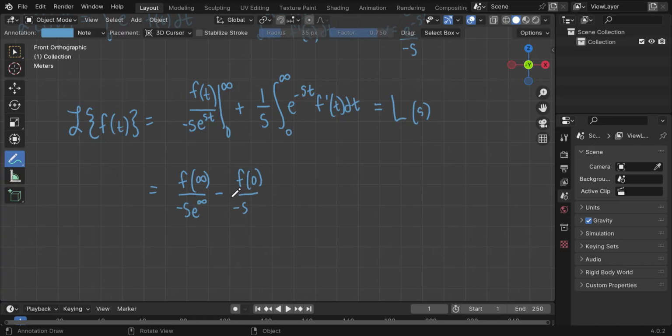And then what you have here is the denominator growing larger, faster than the function grows. So therefore you end up with 0 at infinity. So all you're left with is f0 over s plus 1 over s, and all this right here is just another way of writing the Laplace transform of f prime of t.